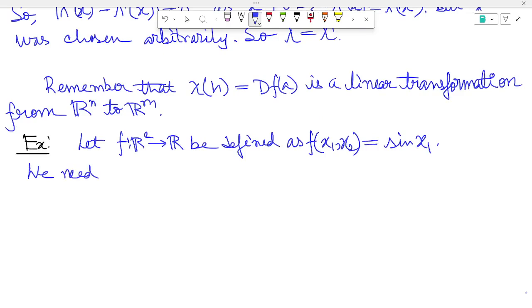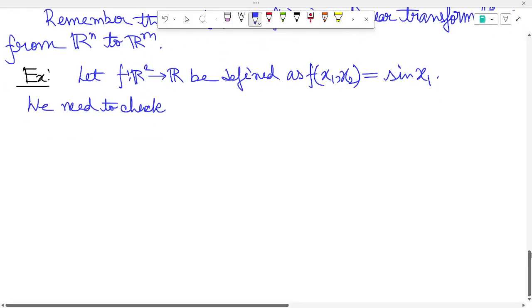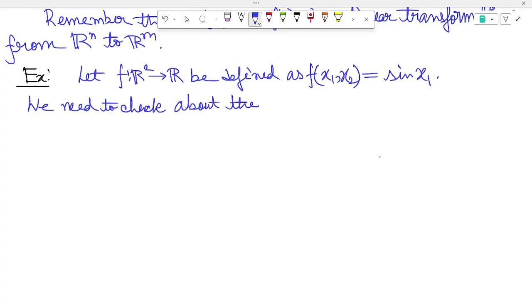We need to check the differentiability of f.